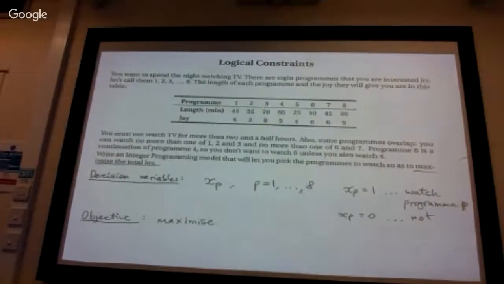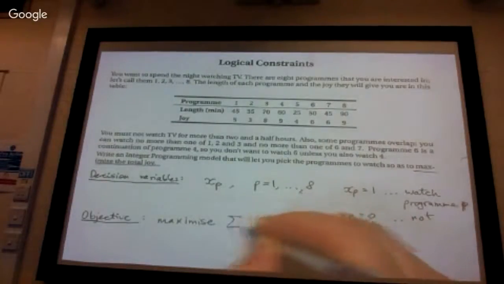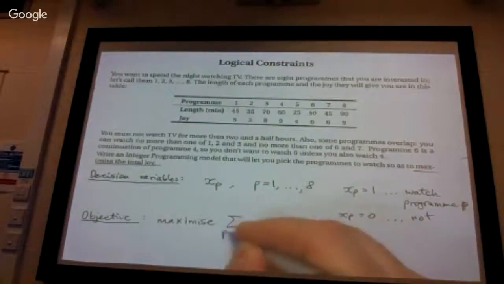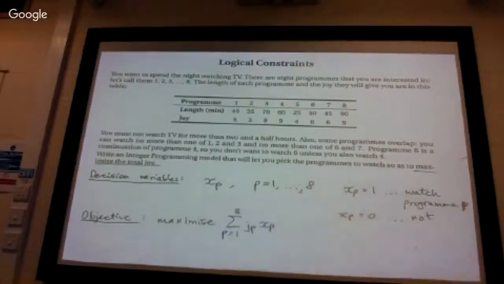Okay, so how would you put the total joy in a formula? Any suggestions? The sum of JP, being joy for each program, JP XP, where P goes from 1 to 8. I think it's quite common for you lot not to state the range of the summation in your formulations.